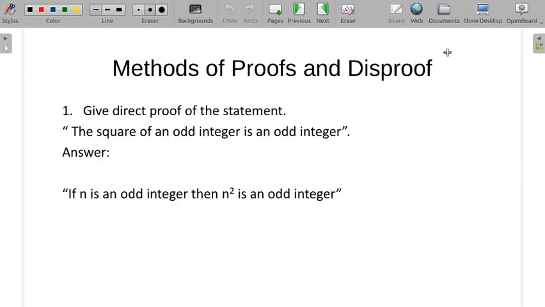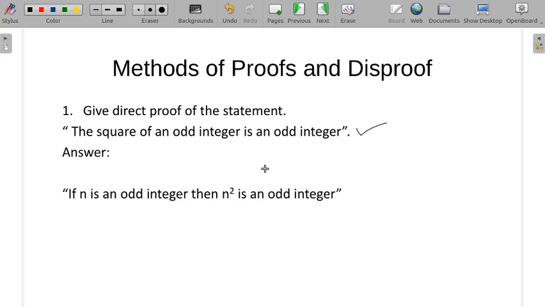So let's go for the first example. Give the direct proof for the statement: the square of an odd integer is an odd integer. So how can we rewrite that statement as P conditional Q? If n is an odd integer, then n square is an odd integer.